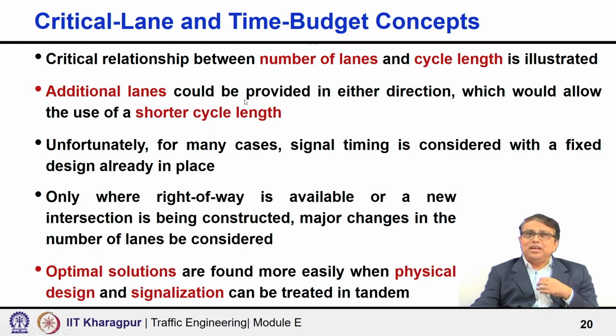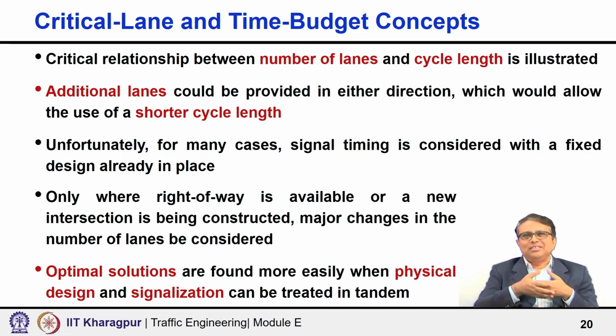Additional lanes could be provided in either direction, which would allow use of a shorter cycle length. Unfortunately, in many cases signal timing is considered with a fixed design already in place, and only where right of way is available. In most urban areas you do not get land.